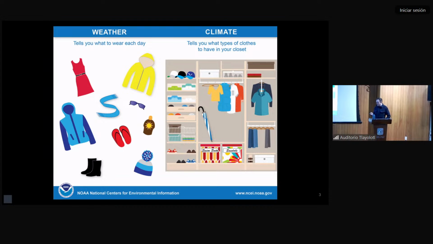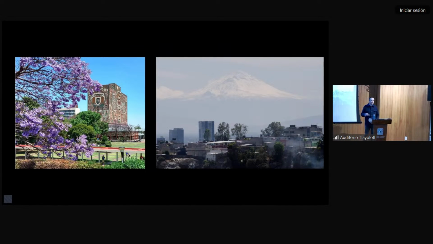So this is a very rustic definition of weather and climate, but these definitions are very related to the notions that we have about seasons. For example, here in Mexico City, we still notice the difference between the seasons. Spring is clearly very different to winter in Mexico City.